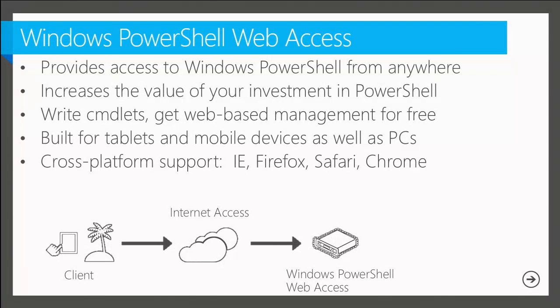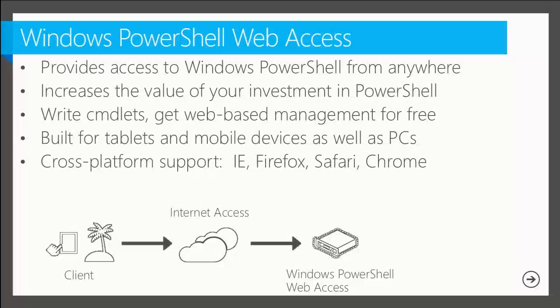And after having logged into that gateway, you can actually assign which computer you want to log in to at the PowerShell level, right? So let's say you have a Windows PowerShell Web Access gateway server, Gateway 01, which is in the DMZ or a perimeter network space.